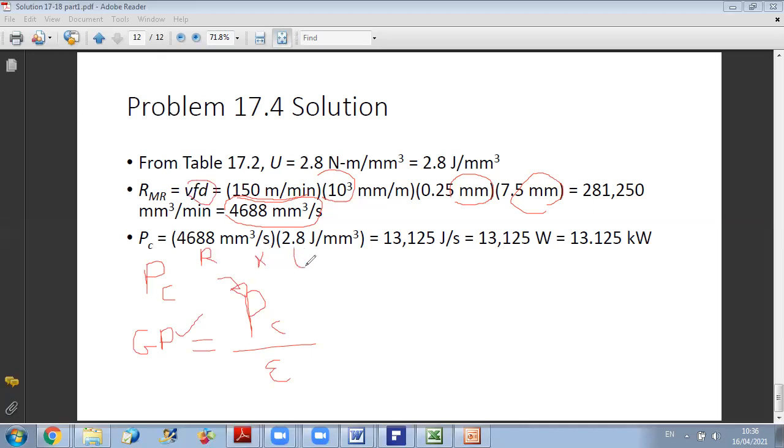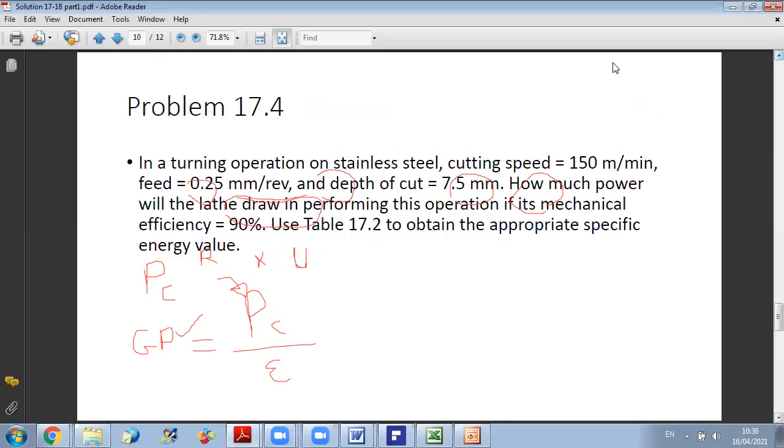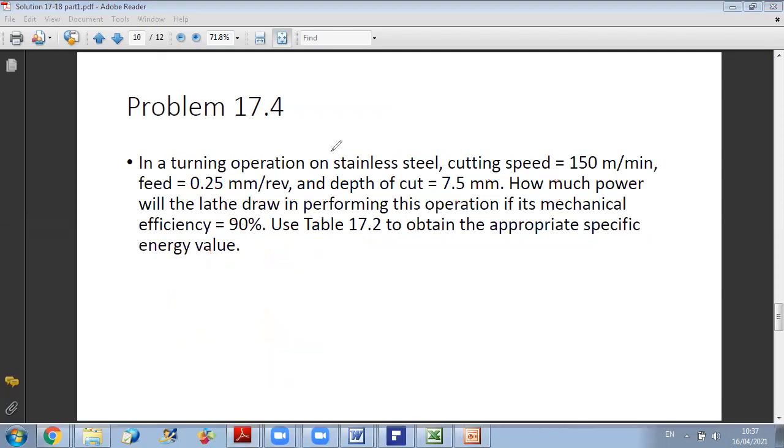Now, to get the specific energy U, I should use my table. I should check the type of material used. They told me that the turning operation is performed on stainless steel. Concerning the value of t0, if I want to use the table without correction, t0 should be equal to 0.25.